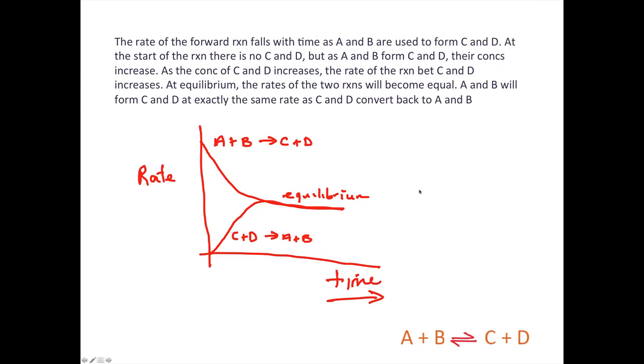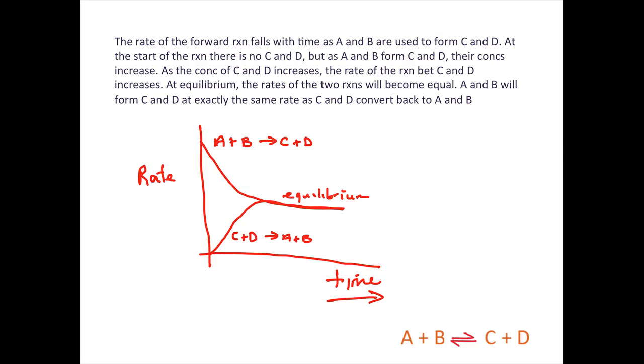So one final thing to look at on the graph. Let's read here. The rate of the forward reaction falls with time as A and B are used to form C and D. At the start of the reaction, there is no C and D, but as A and B form C and D, their concentrations increase.